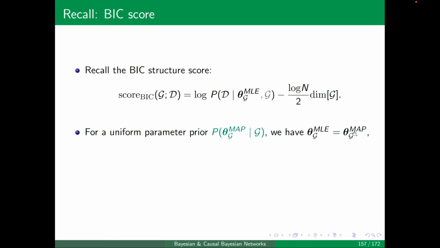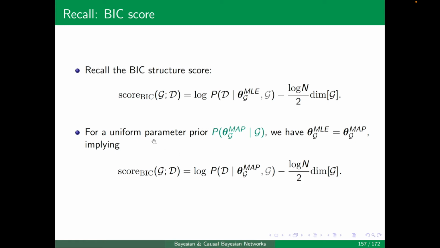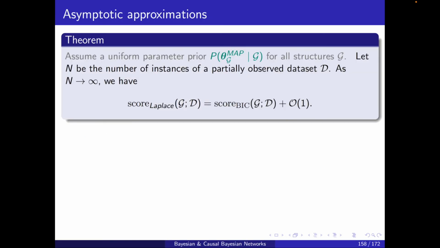The main difference between the posterior and the likelihood was the effect of the priors. So then I can just have my BIC score written in this way. Okay? And also don't be concerned with this G. Because here theta is of this structure G, putting G here or not doesn't really matter. It's implicit there. It means that it's of this structure G, and therefore we are assuming that the structure is G. So, well, I have my theorem.